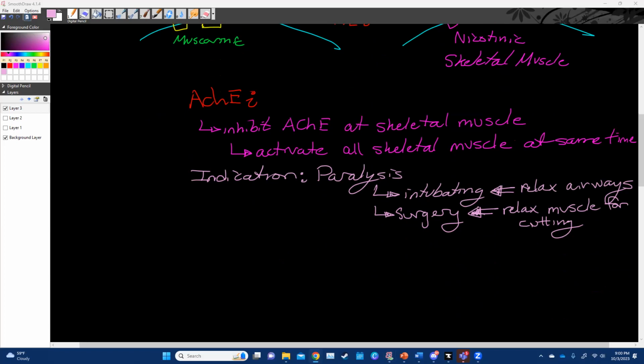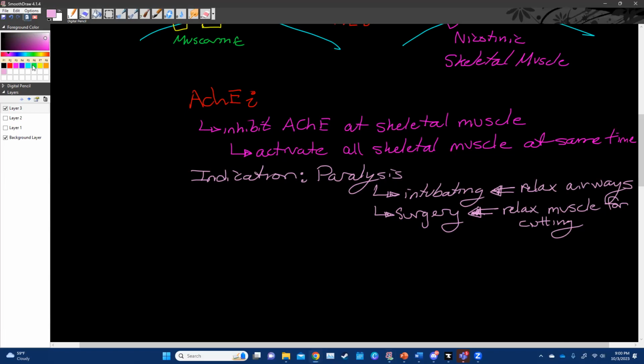When we look at the duration of the acetylcholinesterase inhibitors, for example, for duration of action, pancuronium has a slow onset, slow duration.